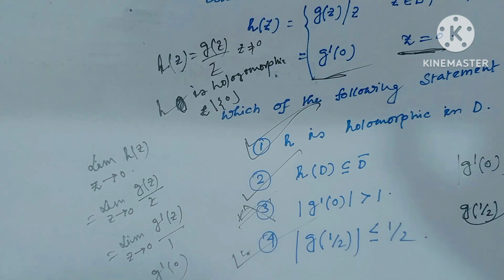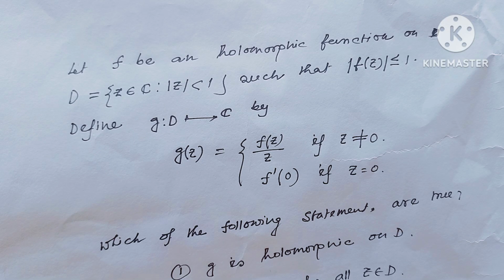Okay, well. Next question: let f be a holomorphic function on the open disk such that modulus of f(z) is less than or equal to 1, and g defined from D to the complex numbers such that g(z) equals f(z) over z if z is not equal to 0, and when z equals 0, then this value is f prime 0.